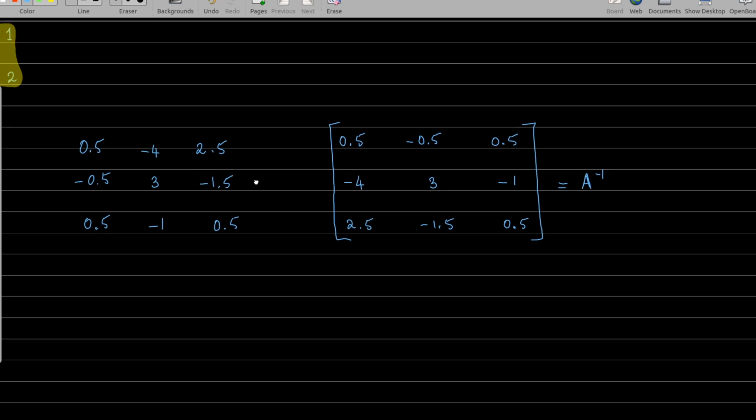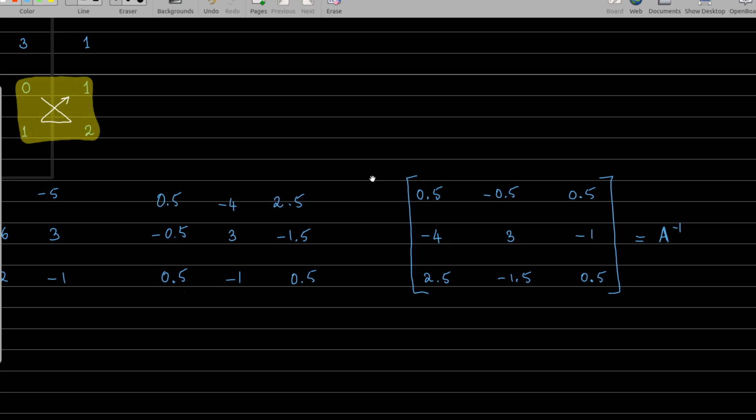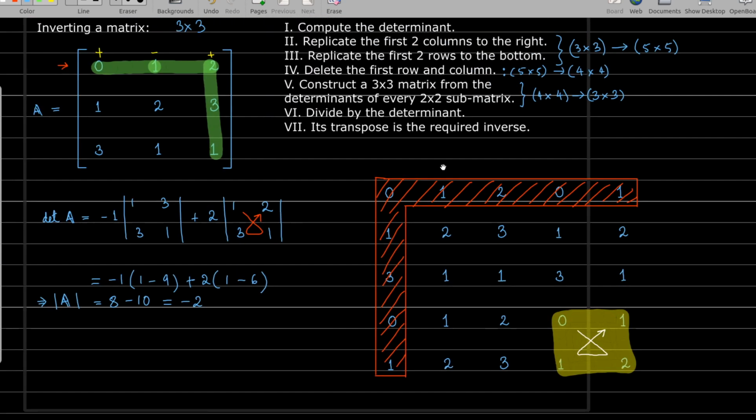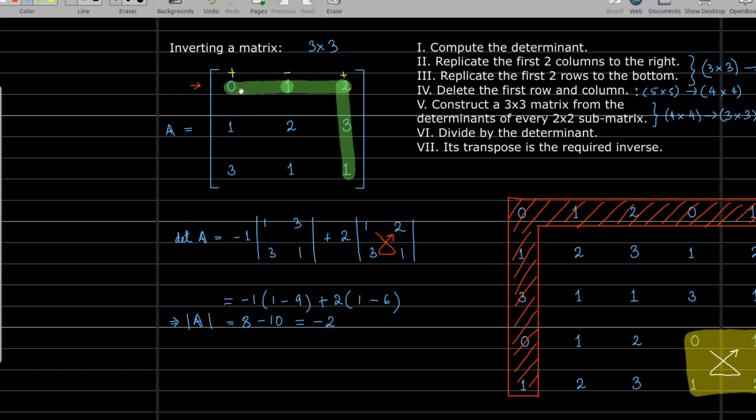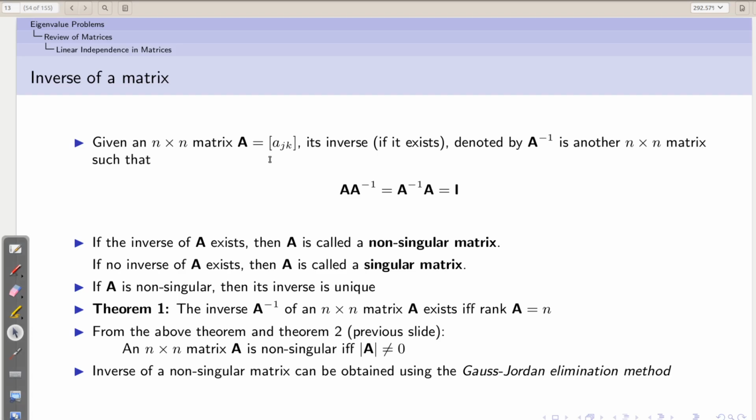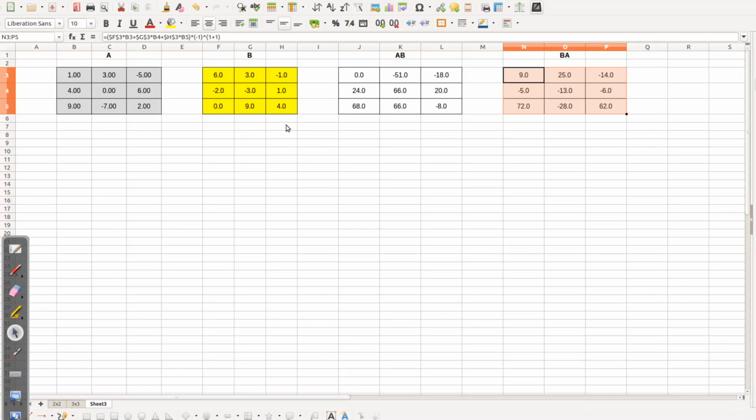In fact, we can just try this out. I had shown you a spreadsheet where I can calculate the inverse of a matrix. So here it was. Let's try this out.